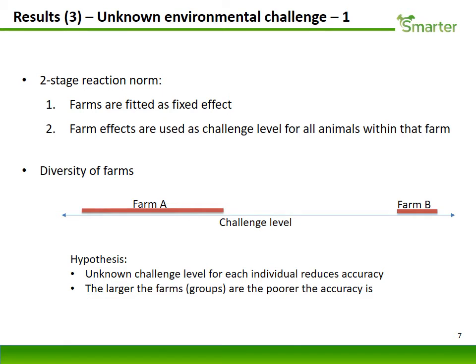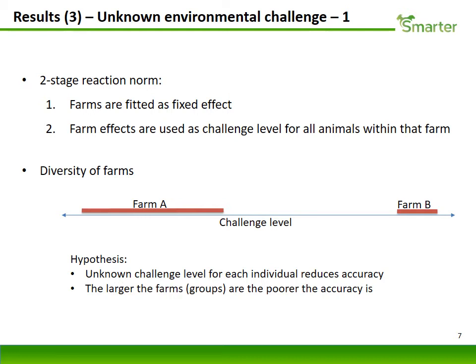So the last question we wanted to answer was to assess the effect of not knowing the challenge levels. To estimate breeding values when the challenge levels are not known, we use the famous two-stage reaction norm model that involves fitting an effect for the farm and then using that farm effect as the challenge level for all the animals that live in that farm.